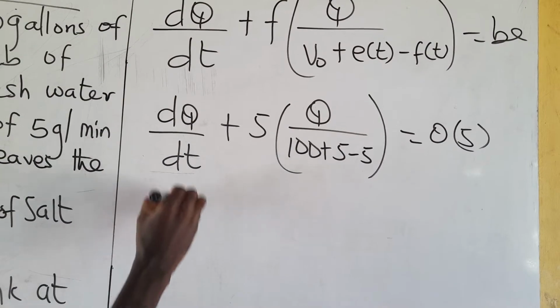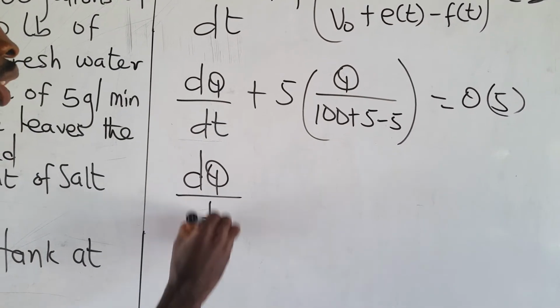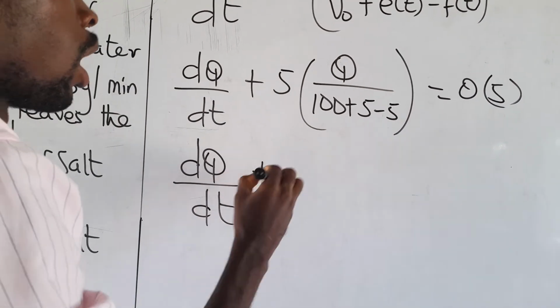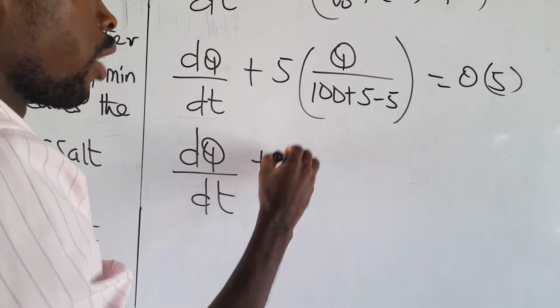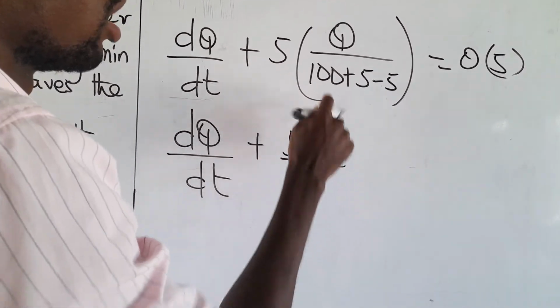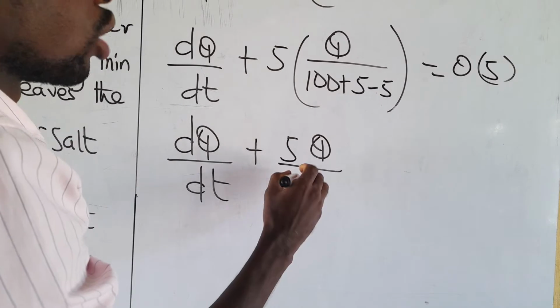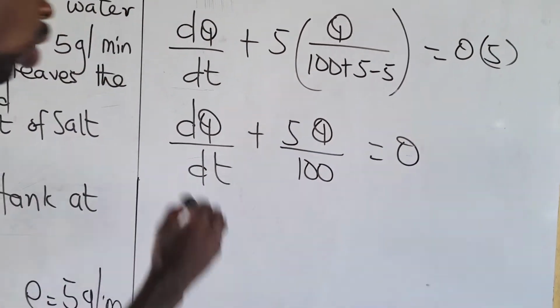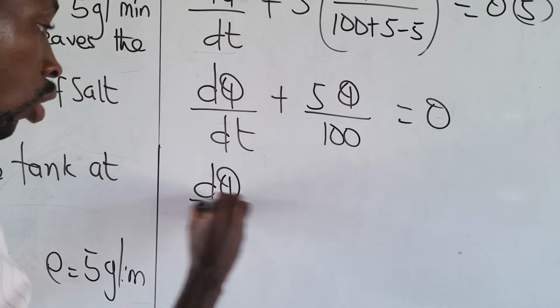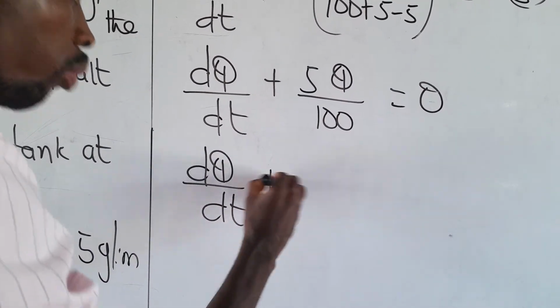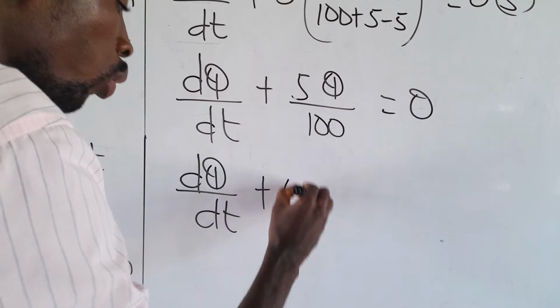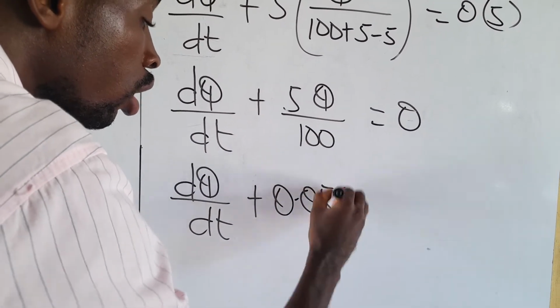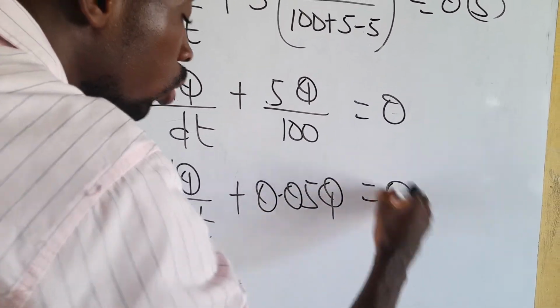So now let's write this very well. dQ over dt plus 5Q all over 100, 5 minus 5 is 0, so we just have 100 here, is equal to 0. So our dQ over dt plus 5 divided by 100, which is 0.05Q, equal to 0.